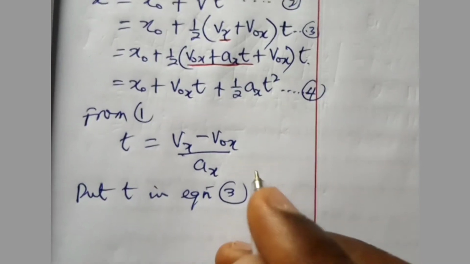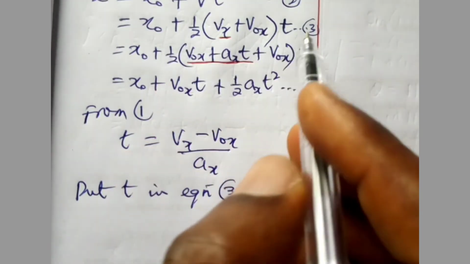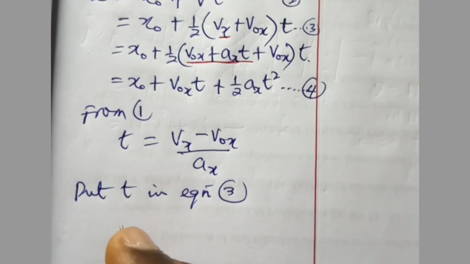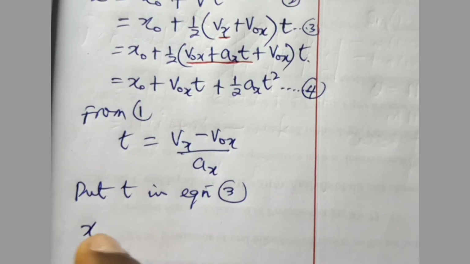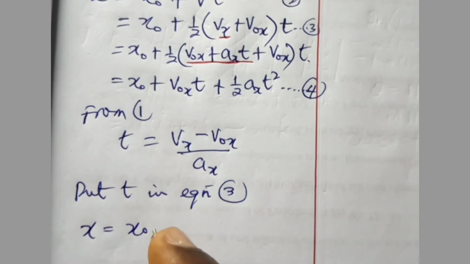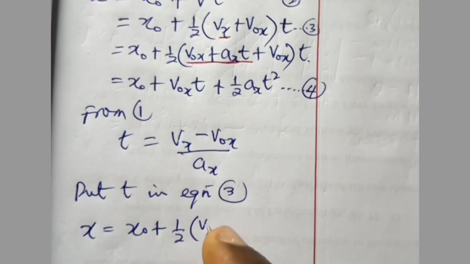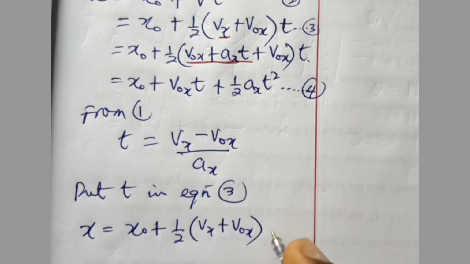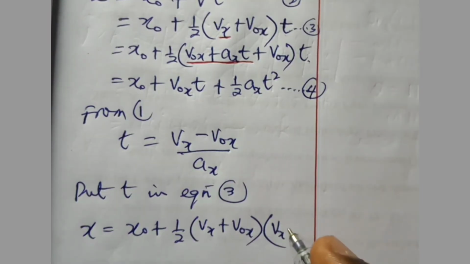If we put it in equation 3, we'll have x equal to x0 plus half (vx plus v0x) times (vx minus v0x) over ax.